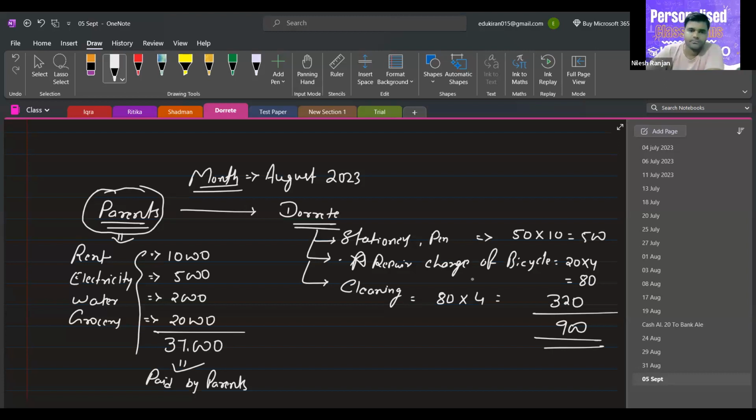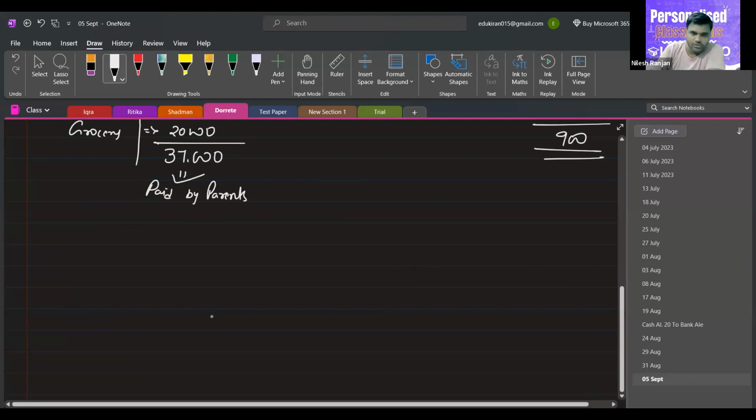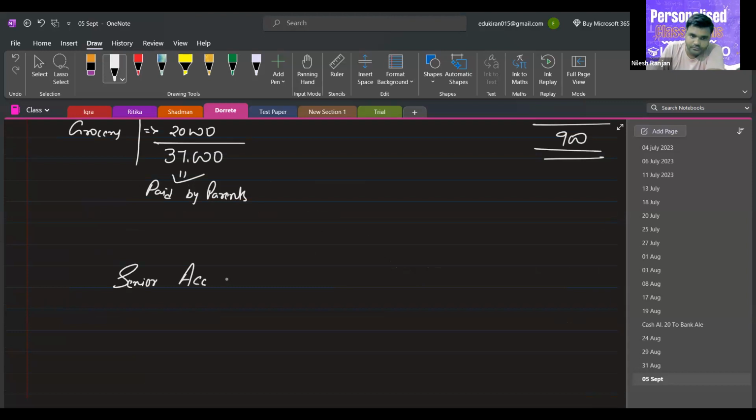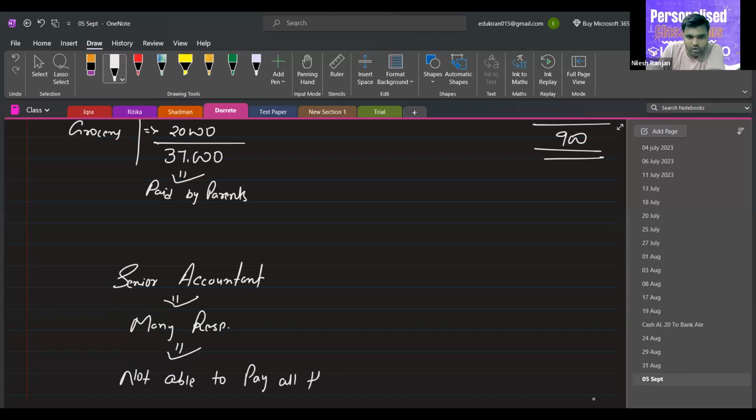So the main accountant, or senior accountant, has many responsibilities, and that's why is not able to pay all the small expenses.